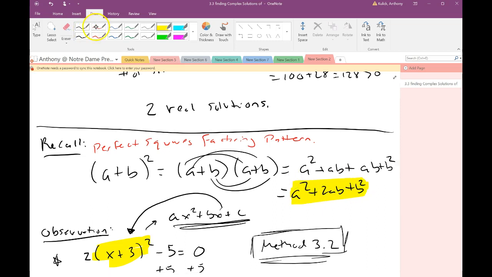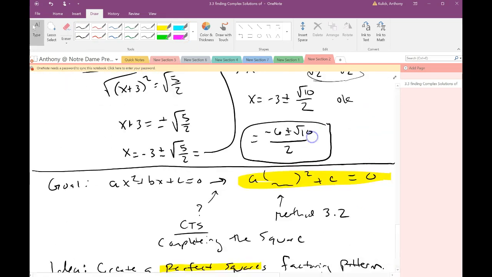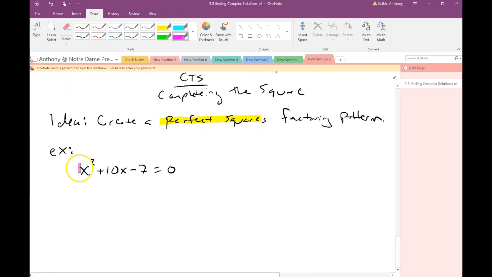So what I'm going to do is assume that I have my a squared as here. That's going to be like my a squared. I'm going to assume this is my 2ab.